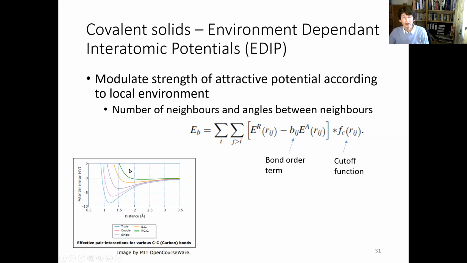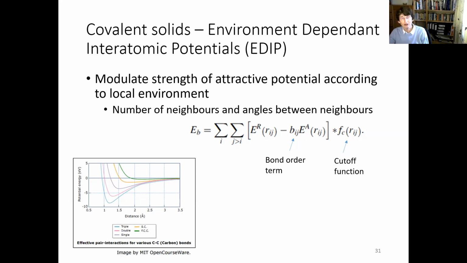So this plot down here will show why we need such things. This is carbon-carbon interactions calculated, I think, using DFT. For a triple bond, you can see that the blue is very strong, very deep, very close together. As you go to double bonds, it's a little bit shallower, so this bond's weaker.